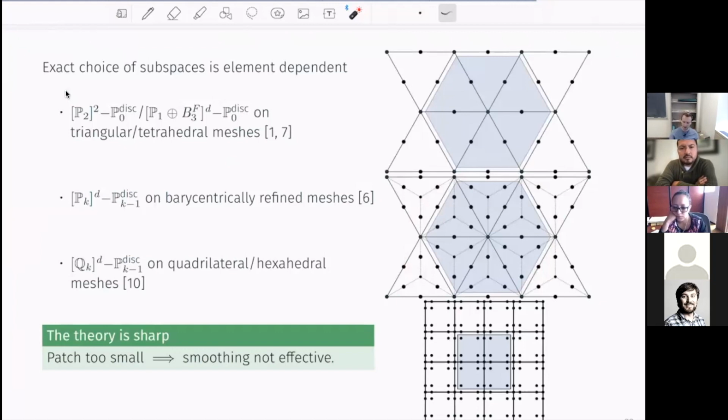So in practice what works really well is this version and this version, because it strikes a good balance: you get very good robustness, but you only have to solve systems of size like 20, 30, 40, which you can do very rapidly on a machine.